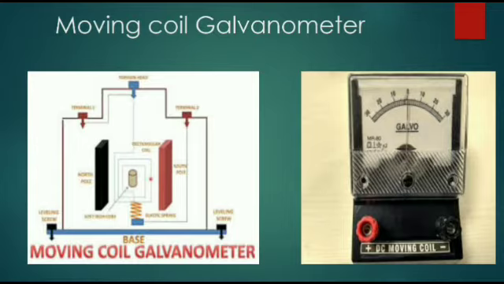See, this is the exact moving coil galvanometer picture. See, this is the positive and negative terminal, and this is the needle. This end of the needle is connected to the spring, and magnets are present on both sides. When the current flows through the coil, because the coil is in a uniform magnetic field, it experiences a torque.